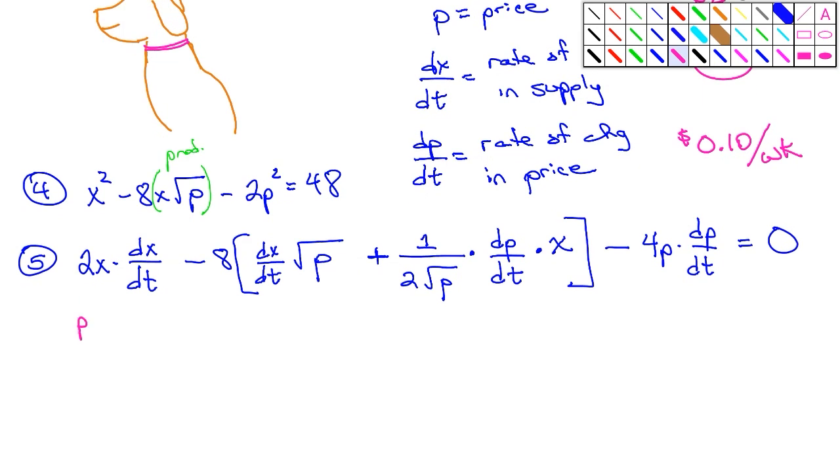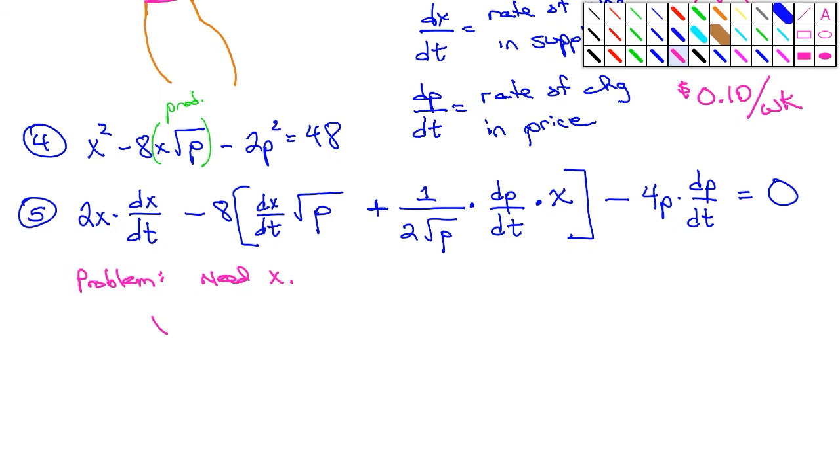So let's write this down. Problem is we need x. So we're going to use the original equation, plugging in the p, $4, and then solving for x. So we're going to get x squared minus 8x times the square root of 4 minus 2 times 4 squared equals 48.